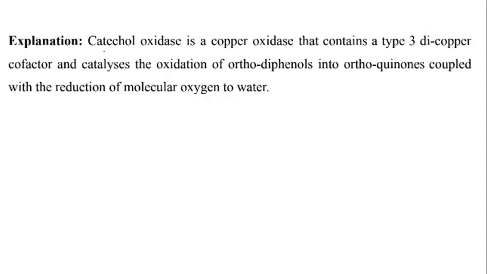Okay, so catechol oxidase is a copper oxidase that contains a type 3 dicopper cofactor. So two coppers are there, the dicopper cofactor, and it catalyzes the oxidation of orthodiphenol into orthoquinone coupled with reduction of molecular oxygen to water. Oxygen is also involved, and we gain 2 electrons also.